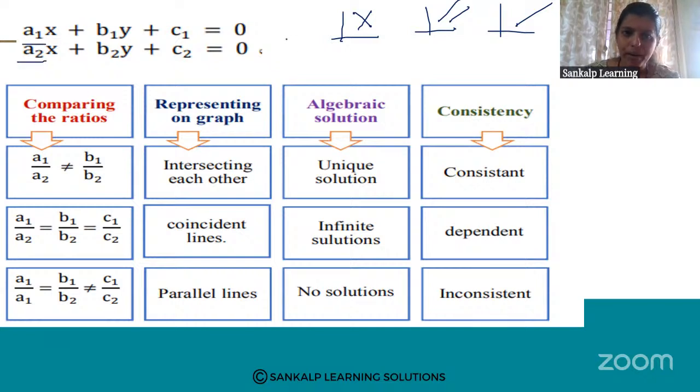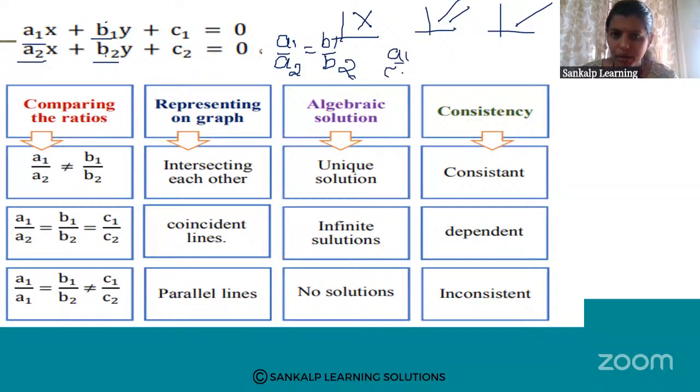If we compare a1 divided by a2 with b1 divided by b2, this is b1, this is b2. If we compare these two ratios and the values are not the same, that means the values are different, then a1 divided by a2 is not equal to b1 divided by b2, means we are getting different values.